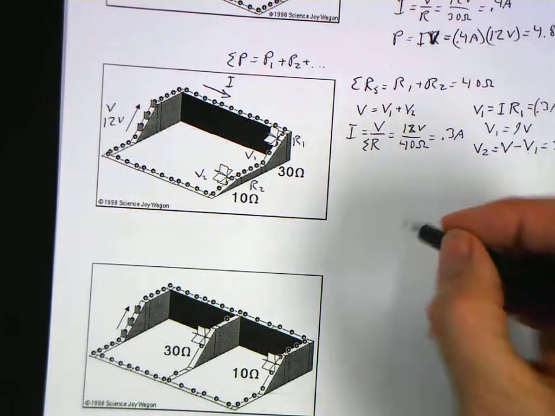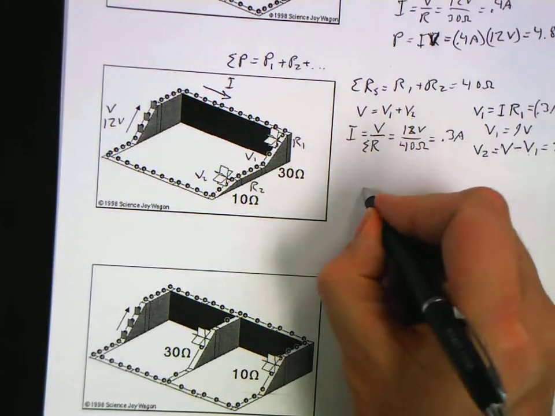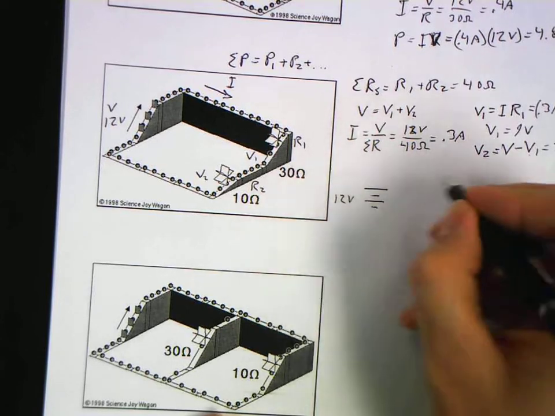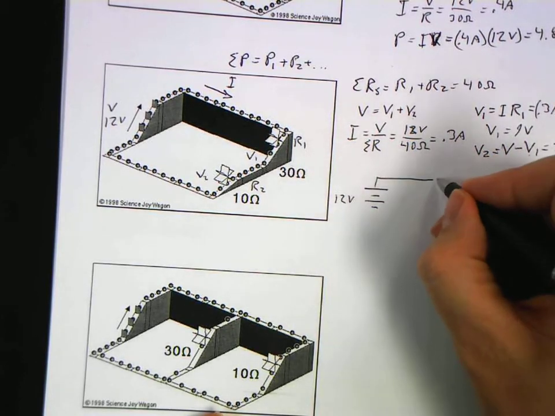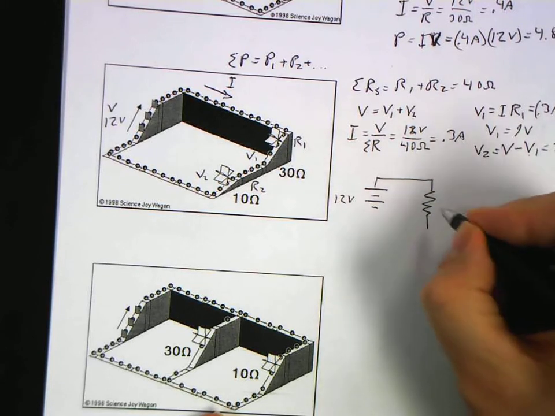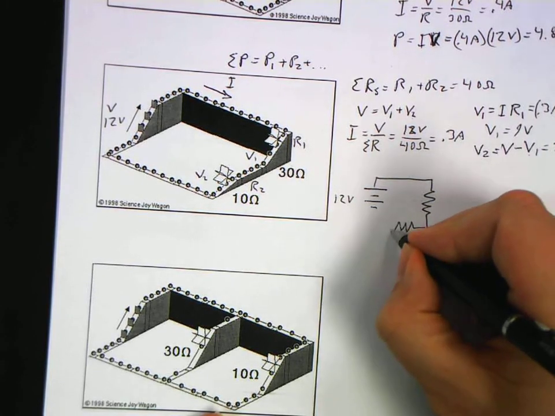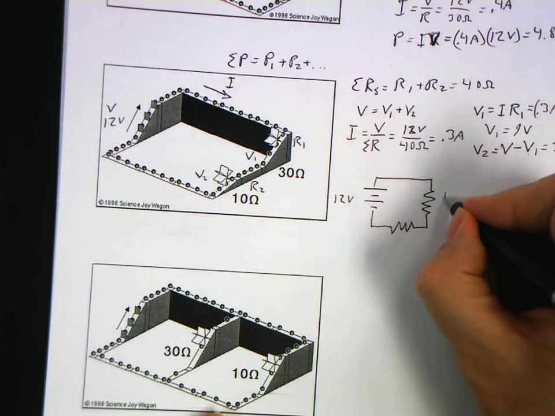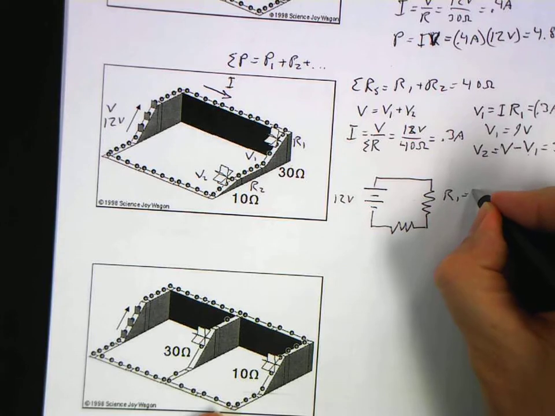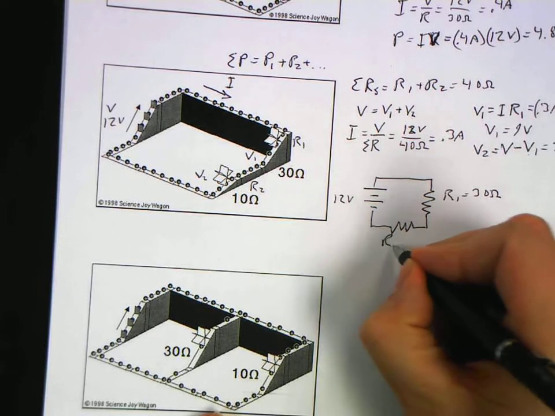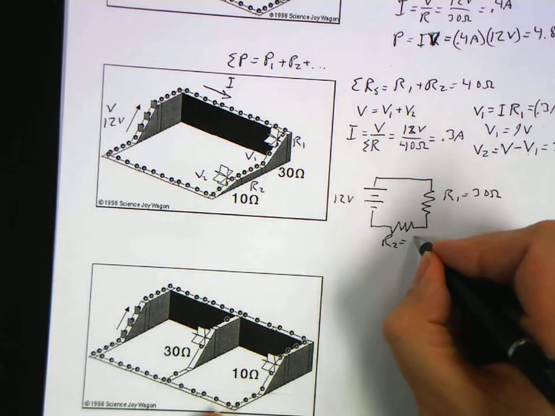Let's just get our sketch for our circuit in here. We've got our battery at 12 volts. We've got 2 resistors. Now, they don't have to be one here and then another one going vertical. I could put another one here. This is also in series. So this is R1 being equal to 30 ohms, and this is R2 equaling 10 ohms.